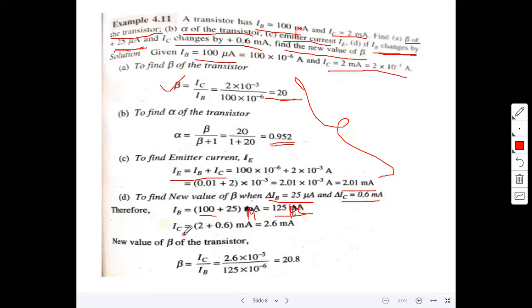Similarly, new collector current: previously the collector current is 2 milliamperes. Now collector current changes by 0.6 milli, so the total is 2 plus 0.6, that is equal to 2.6 milliamperes. Now calculate the new beta. Beta is equal to IC by IB, that is equal to 20.8, right?